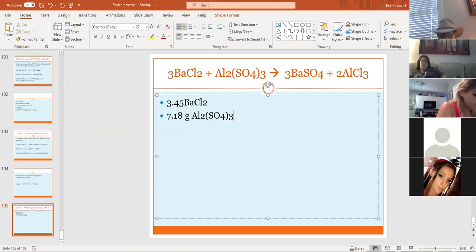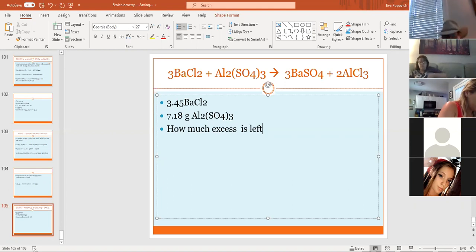All right. How much excess is left? Somebody want to pick one, barium chloride or aluminum sulfate?